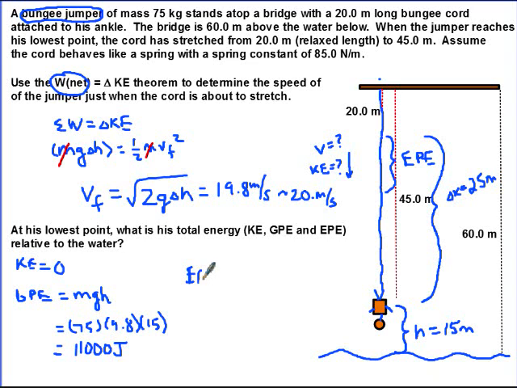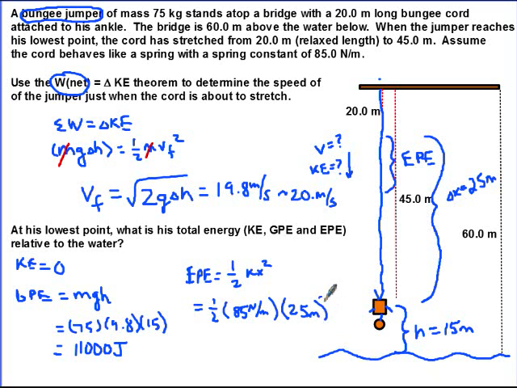And last but not least, there's been a lot of energy stored in that cord, and that's where I'm going to use that 1/2 k x squared equation as we developed before. So 1/2, and then the spring constant is 85 newtons per meter, and that cord has stretched, in this case, 25 meters.